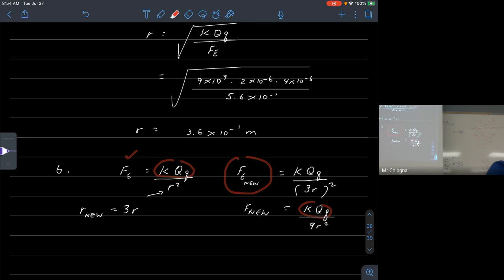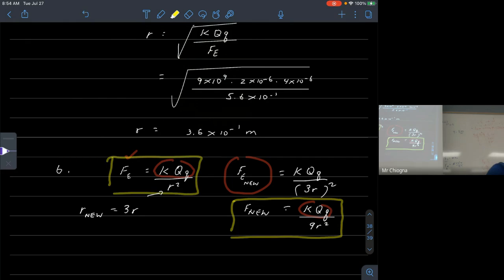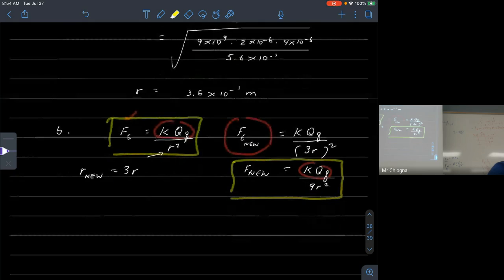So this becomes my new formula for the new force. This is the old. Okay, this is just a mathematical trick. I'm going to put the new over the old.